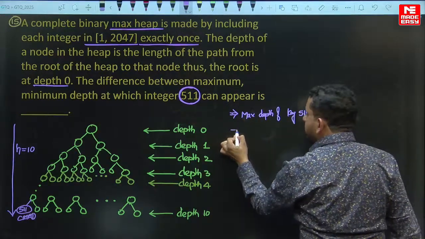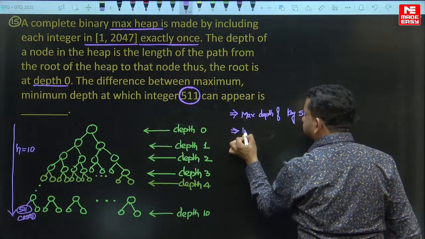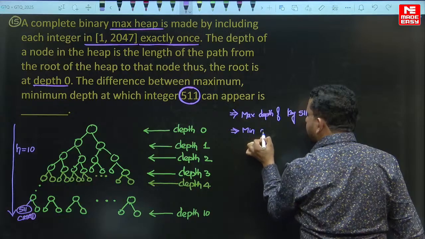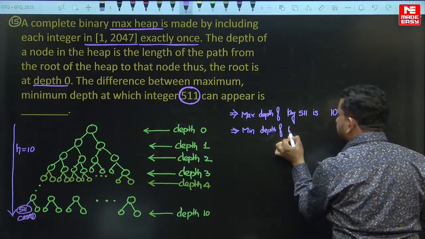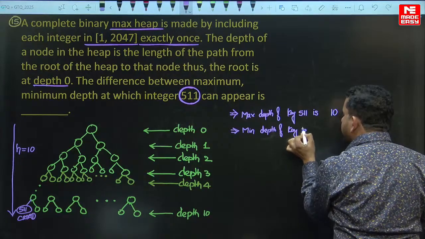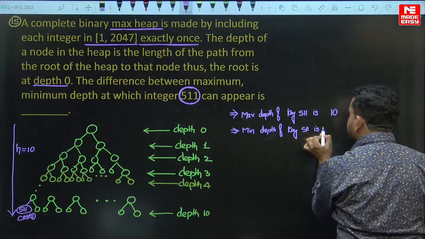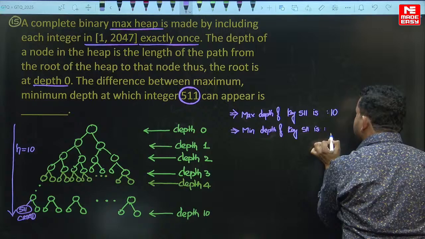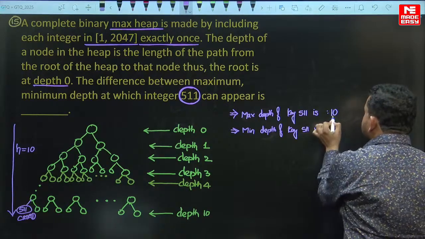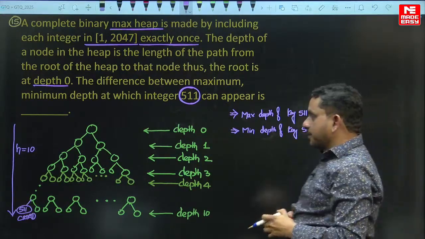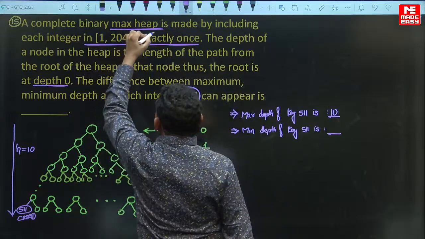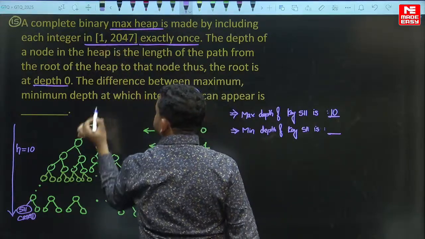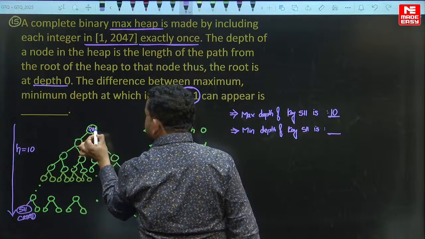Then what can be the minimum depth of key 511? See, this is the max heap, so 2047 is the root.